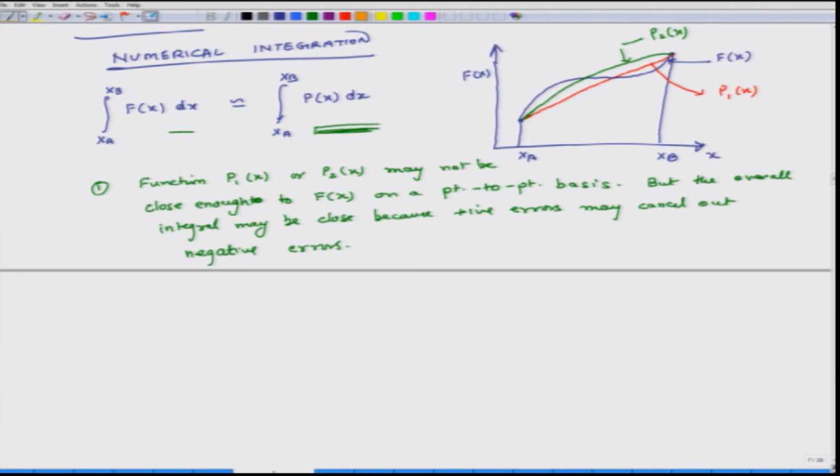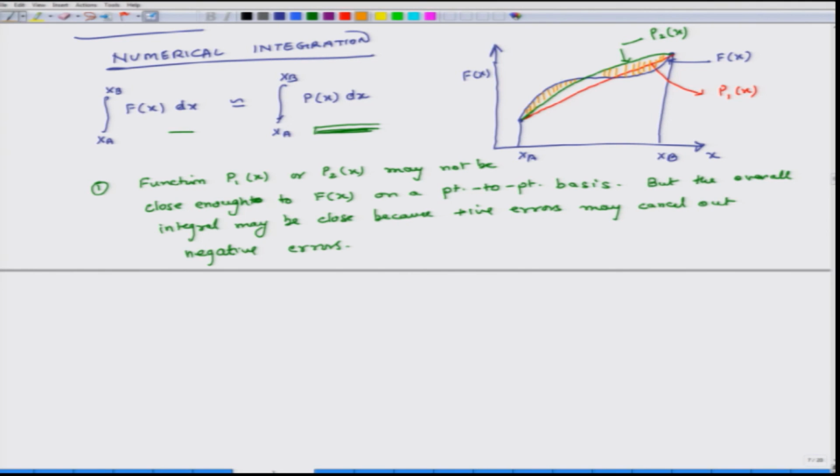So, consider this green curve. Here we have, this is negative error, and this is positive error. The green curve by itself may not be fairly close to the purple curve. It is definitely not close here at several locations.